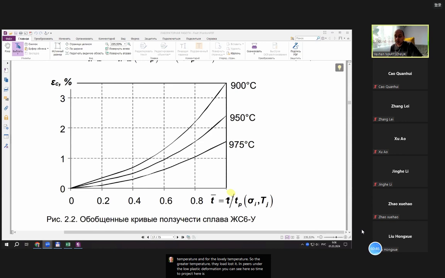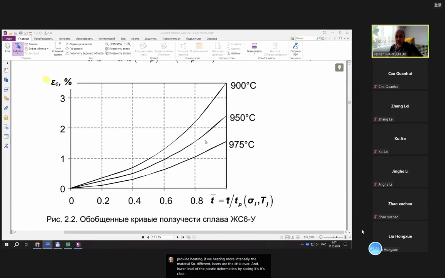It means that we have a fracture of the material. If the material operates under a lower temperature, the level of plastic strain is greater. But if we heat the material more intensely, the fracture appears under a lower level of plastic deformation. I think it's clear.